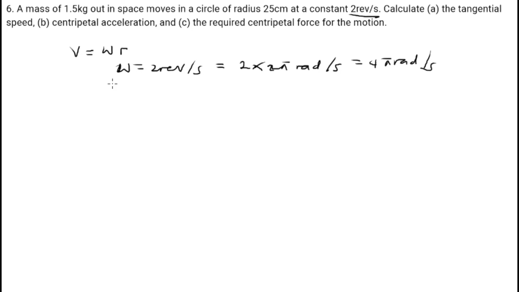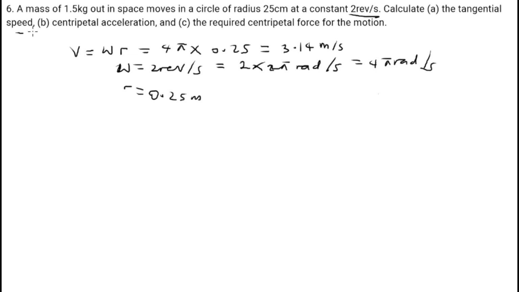So if I also multiply by the radius, which is 0.25 meters, I'll have 4 pi multiplied by 0.25, which is 3.14 meter per second. Meter per second is the unit of tangential speed.